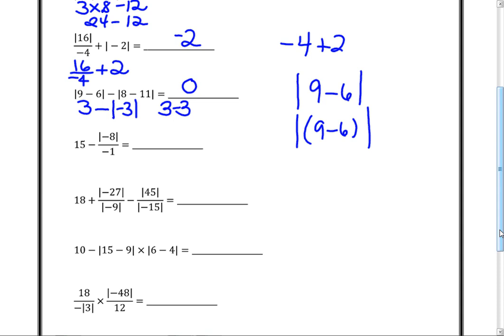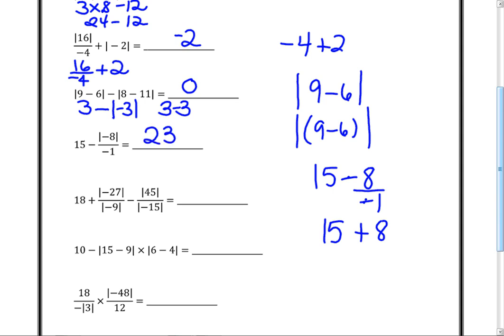This is just a warm-up activity. It's 15 minus, what's the absolute value of -8? +8 over -1. So then this is 15 what? What do two negatives make? +8. What's 15 and 8? 23. Good job, Cole.